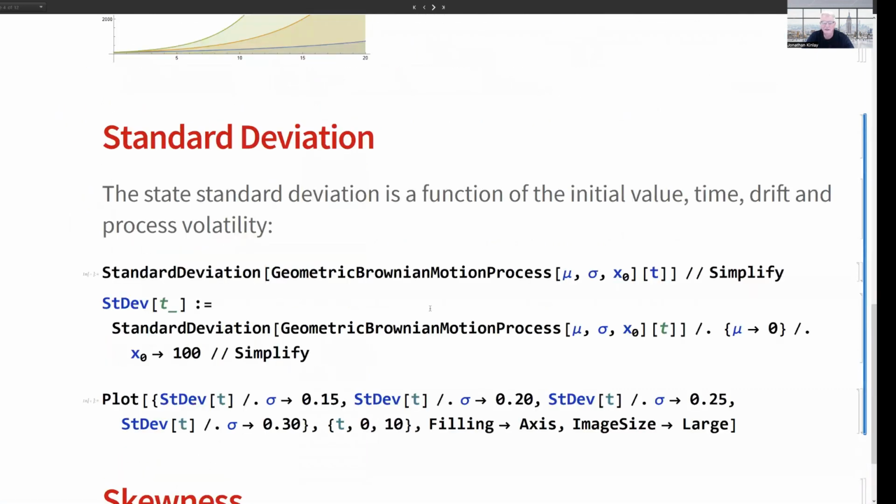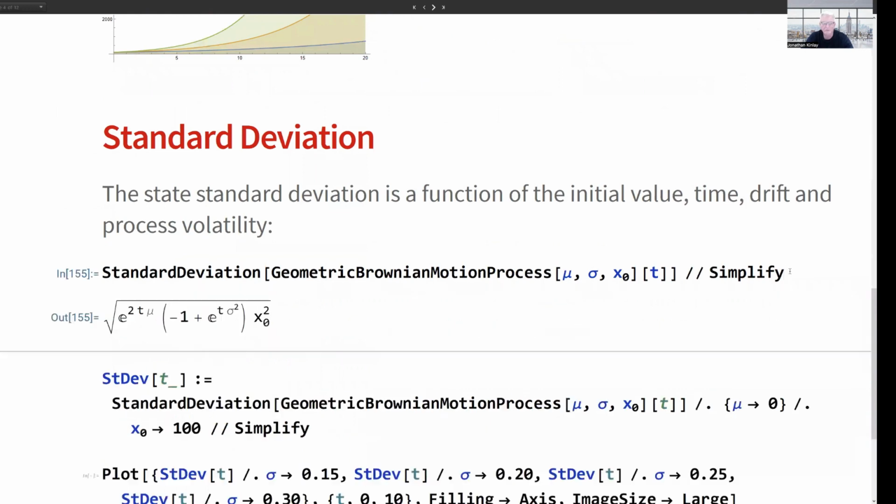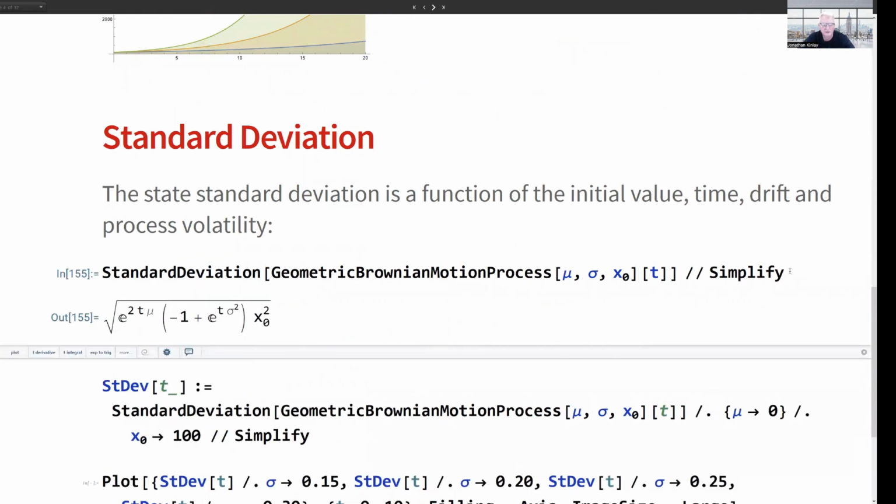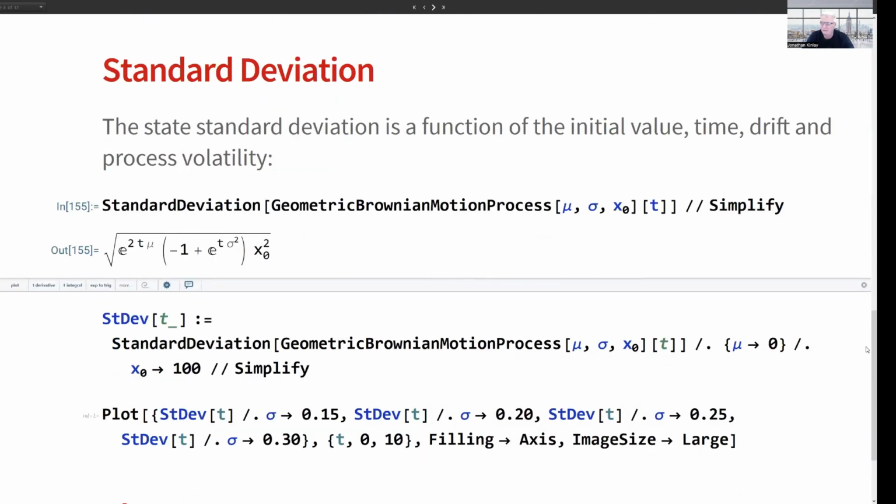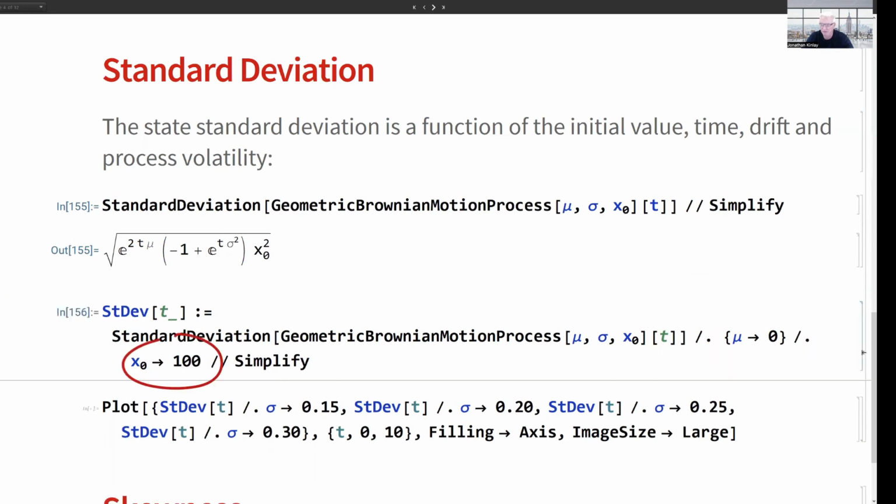Looking at standard deviation, we find that it equals this expression. It's the square root of x0 squared, e to the 2t mu times e to the t sigma squared minus 1. Again, we can define a function to calculate the standard deviation of a GBM process with parameters mu, sigma, and x0, setting mu equal to 0 in this case, and the initial value to 100.